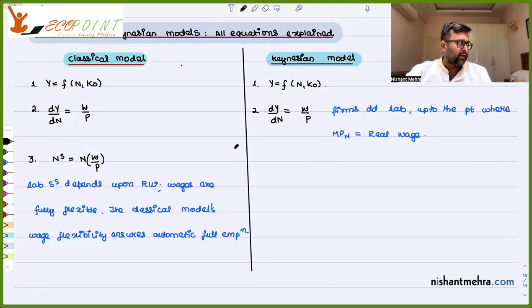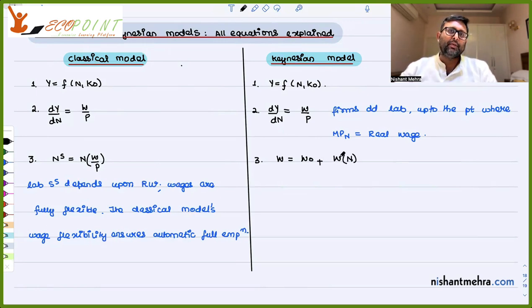That is the way. Then in the Keynesian model, wages are equal to a fixed money wage plus a wage which is dependent upon employment. This means you will surely have some fixed wage, and if you want to supply more labor, wages have to increase.